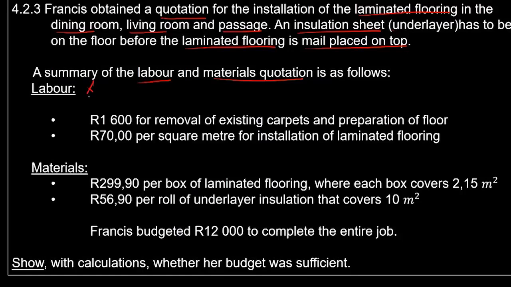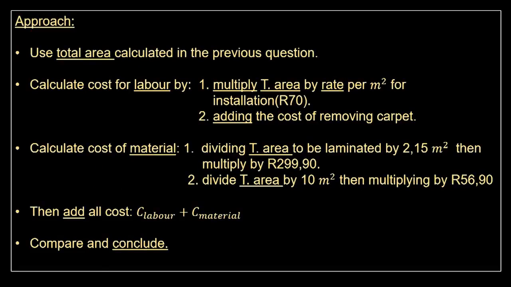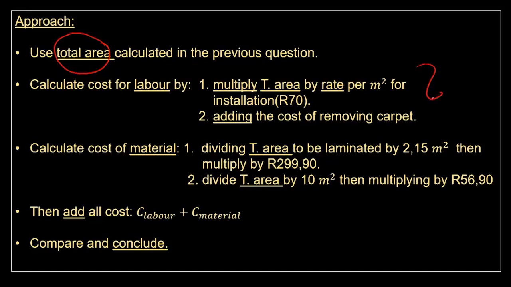You're given labor, you're given material, and then they ask you to show with calculations whether her budget was sufficient. These already are keys. You can start with the material, but it's always easy to take it as it is. You need the area that you found because you cannot find the amount of money that you need to spend if you don't know the area that you need to cover. So go back to that area, calculate the cost of labor by following these steps.